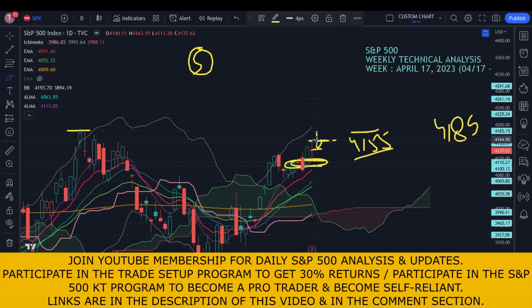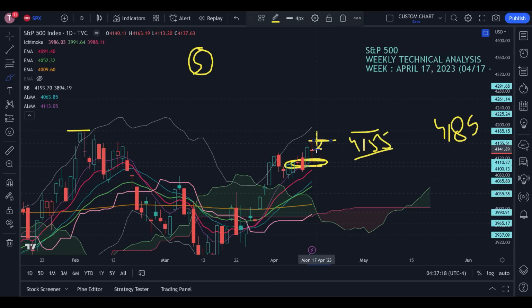Because if it fails to close above this level, there will be a signal, through the daily chart, but primarily on the weekly chart, that the S&P 500 tried to breach the boundary of the Ichimoku, tried to sustain above the Ichimoku on the weekly chart, but failed. That can actually trigger some selling back to 4100 or 4110.